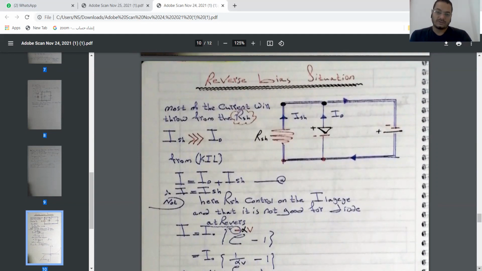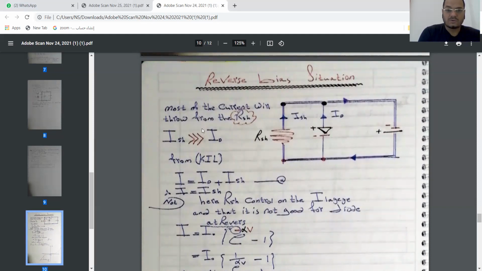Now let's work on reverse bias. Here the diode is connected with the negative terminal to the positive terminal, and so on from the other side. That means the diode will prevent the current from passing through it, and most of the current will pass through the parallel or shunt resistance.